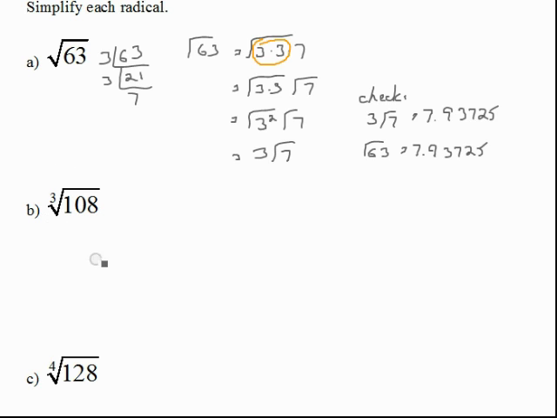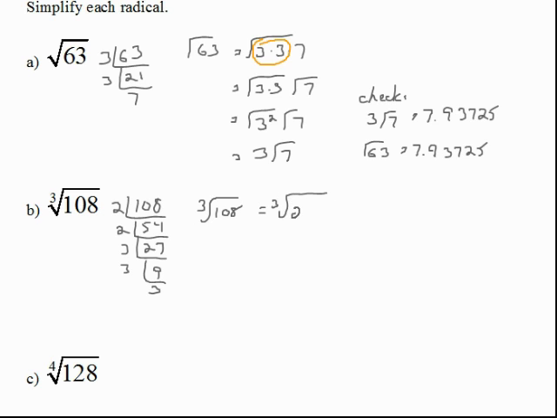Next example, we're going to do the cube root of 108. Again, we're going to factor it. 108 is 2 times 54, which is 2 times 27, which is 3 times 9, which is 3 times 3. So the cube root of 108 equals the cube root of 2 times 2 times 3 times 3 times 3. Because it's the cube root, we're looking for groups of 3.